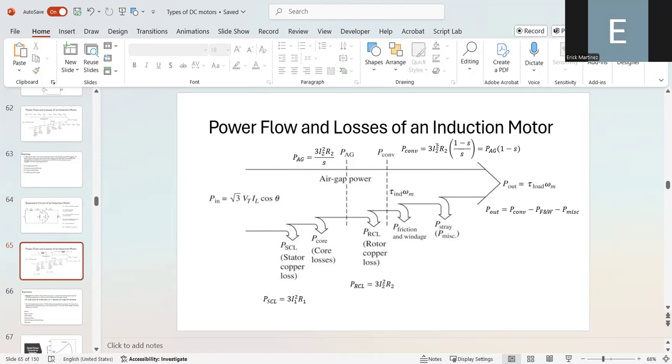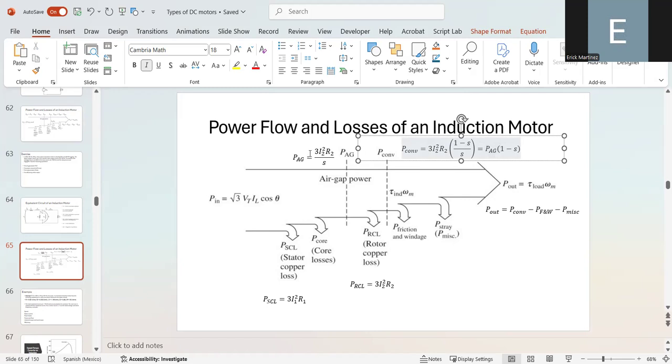You can also compute the converted power by using the electrical parameters of the induction motor. You can consider the current I2 and the resistance R2, and based on this, you can compute the converted power. But also, if you have the air gap power, you can multiply it by 1 minus S, and this is another way to compute the converted power.